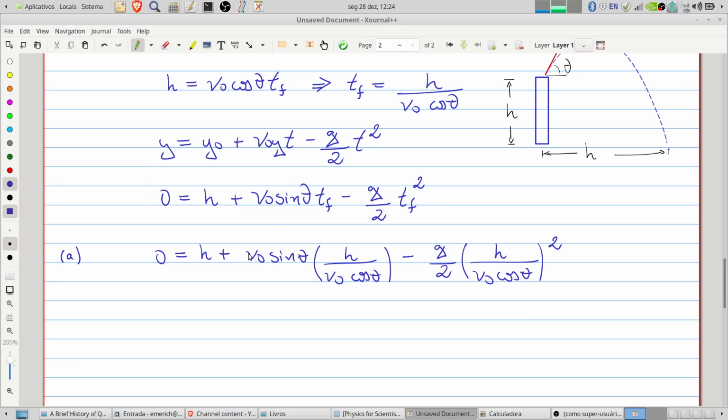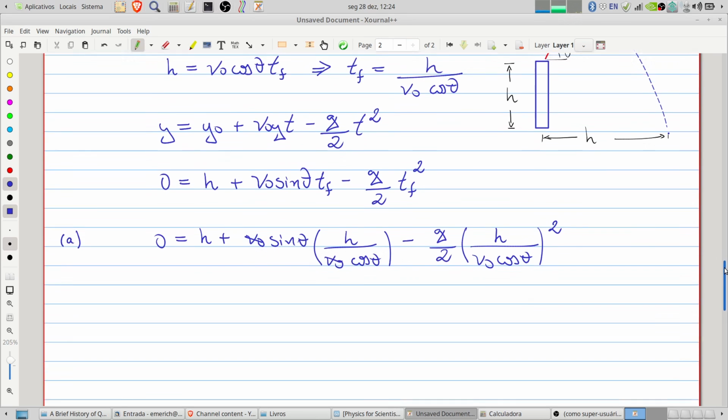Okay, we can cancel this v0. Here we have sine divided by cosine, that is tangent.